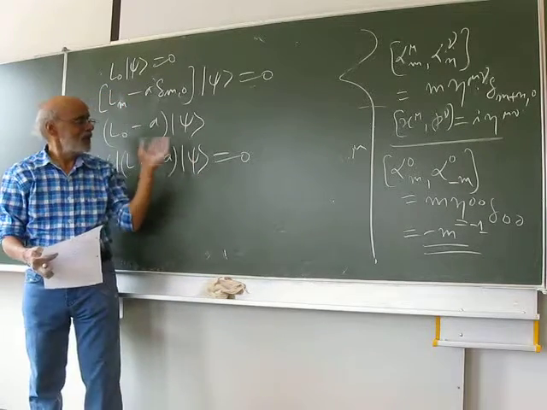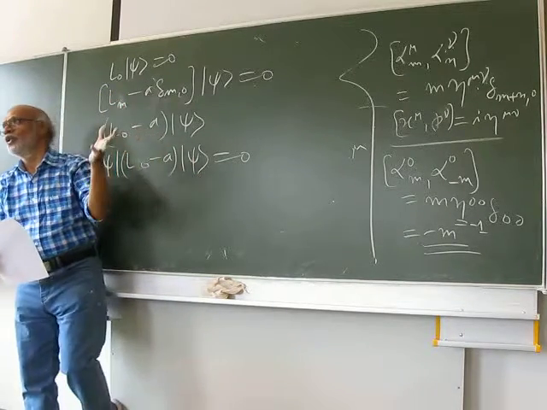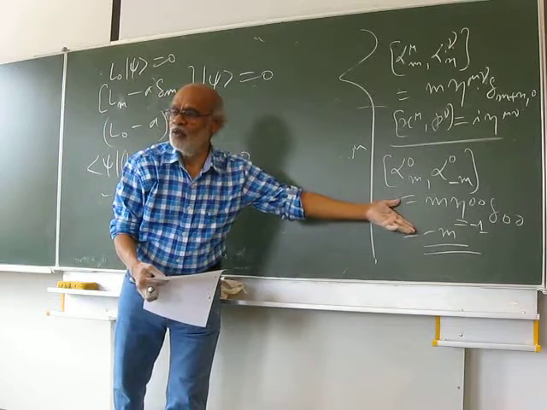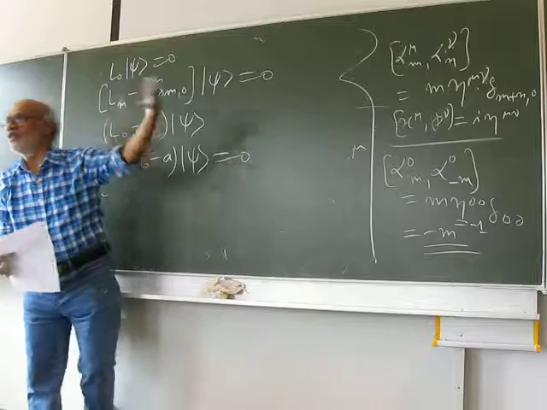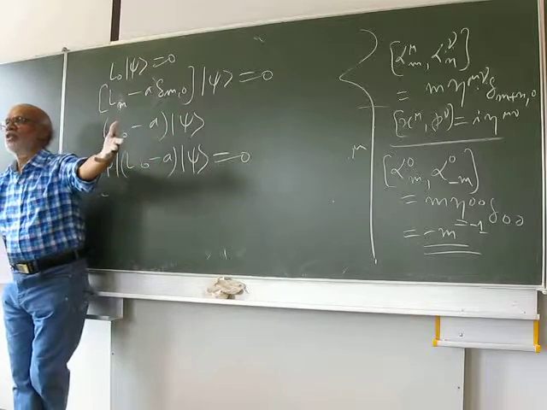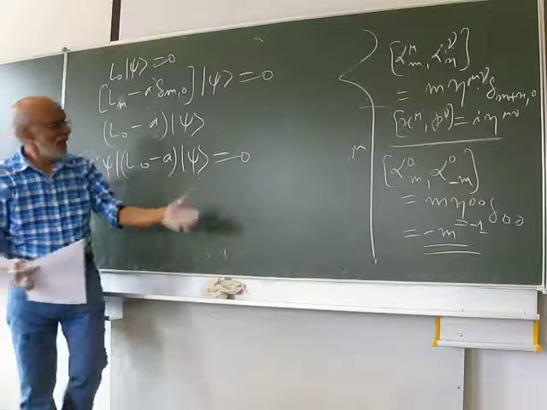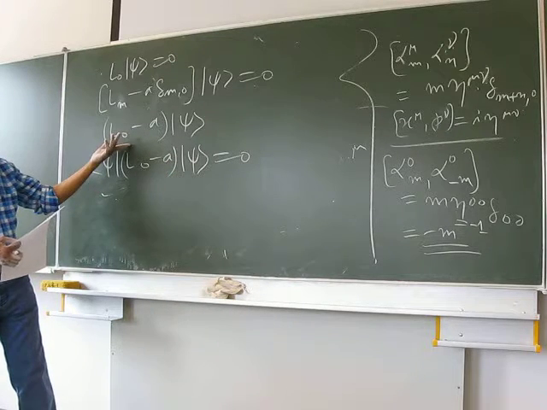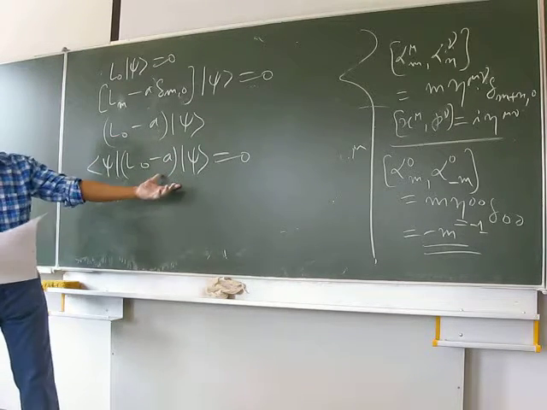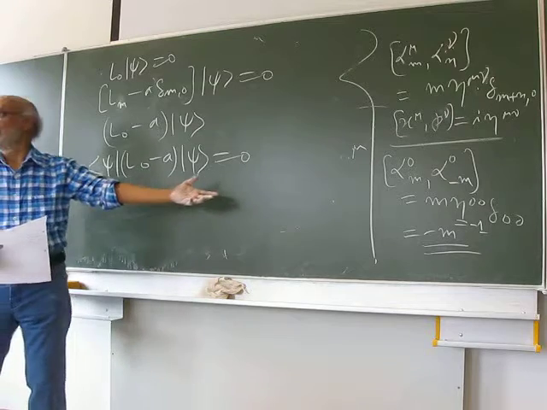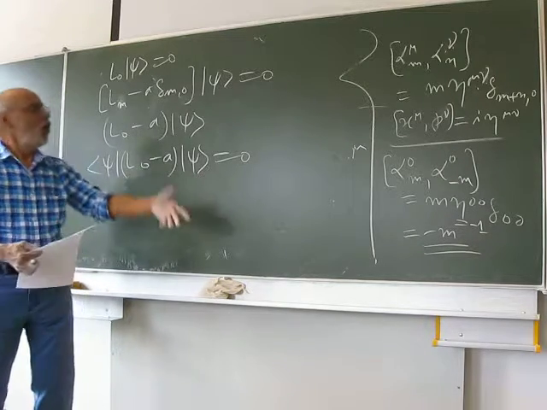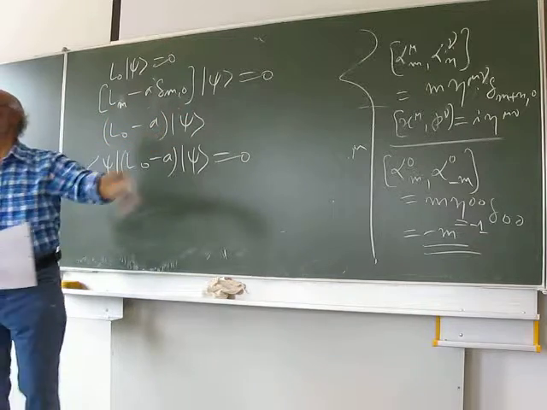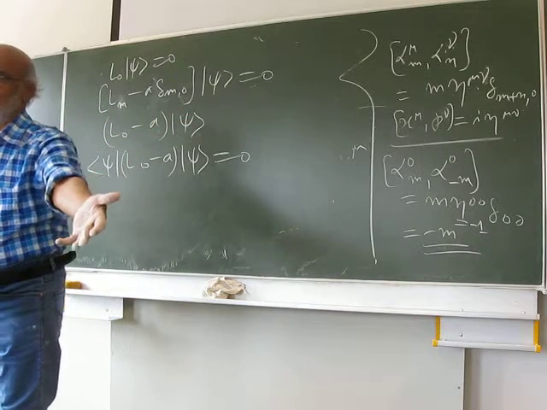So this A is going to play a crucial role for the elimination of the negative norm states on the one hand, and for fixing up the total number of dimensions of our string theory on the other hand. And this we do by demanding that the expectation value of L0 minus A is 0, or by just saying that L0 minus A annihilates the physical states.